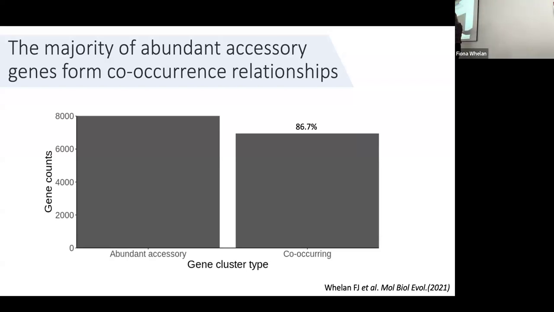We had about 8,000 of these genes that we started with, and almost 87% of those formed at least one relationship. So that starts to potentially answer our question of perhaps there are evolutionary pressures. We're tending to see genes together in our analysis. But what's next?